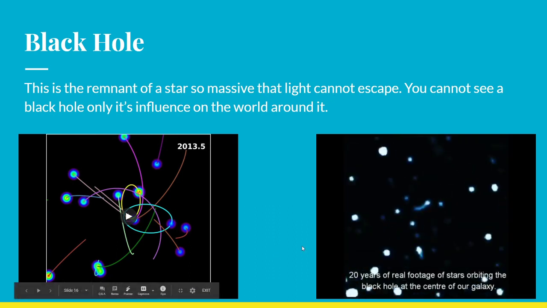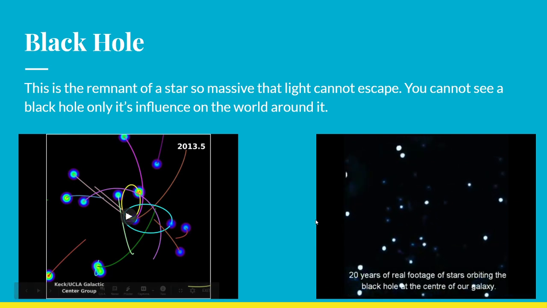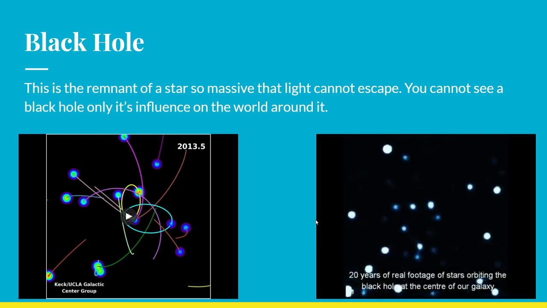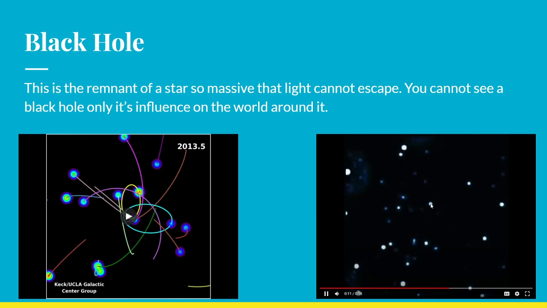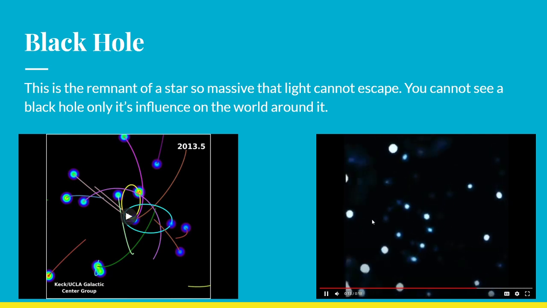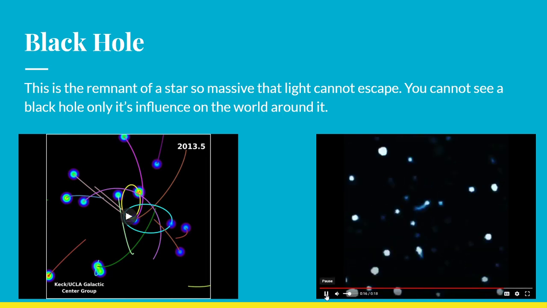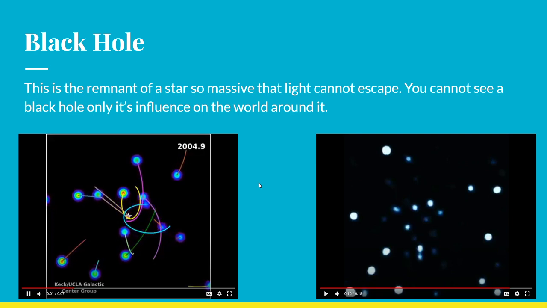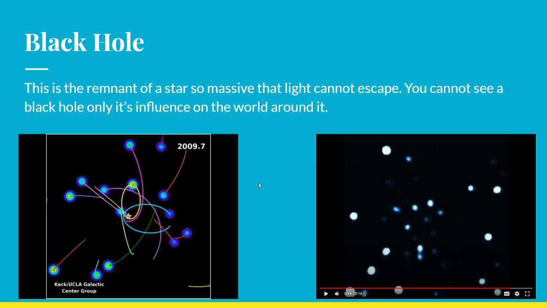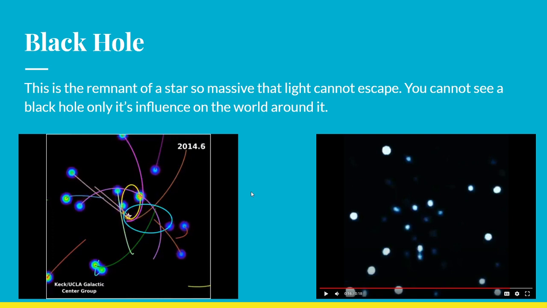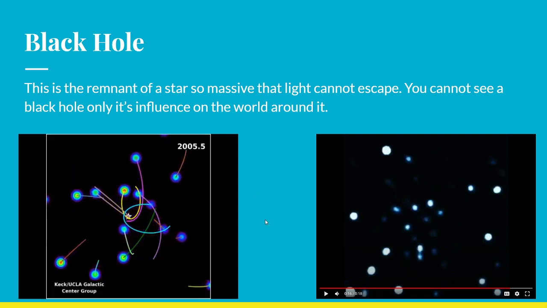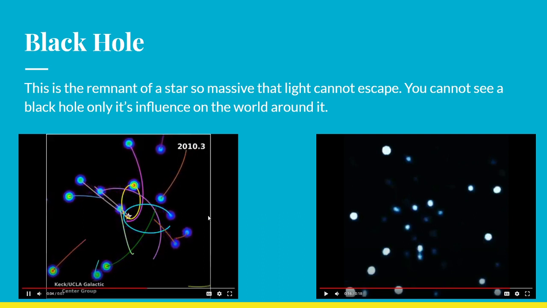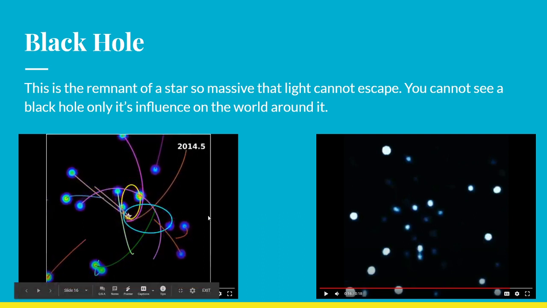Just watch the stars. This is the most profound one that whips around. These are also those trajectories. They think the stars were the black holes, if that makes sense. So, that's a black hole.